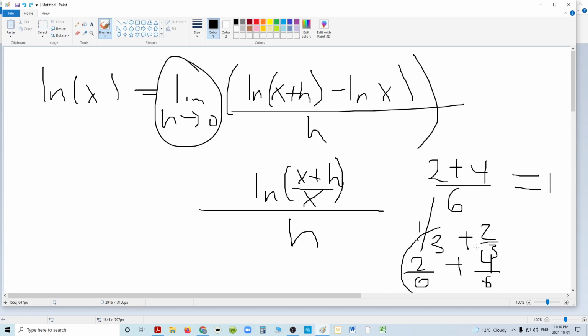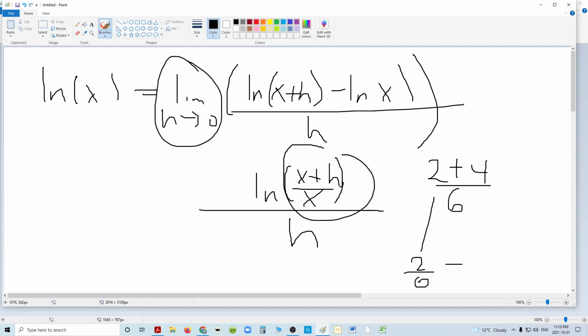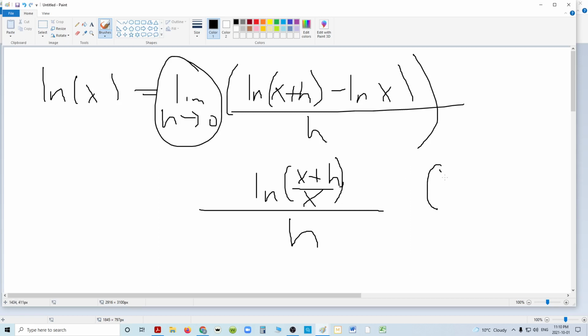So you can divide any fraction so long as you use the common base. Well, this I'm going to rewrite as x over x plus h over x. And it's clear that x over x is 1. So that means I can rewrite this entire fraction as 1 plus h over x.